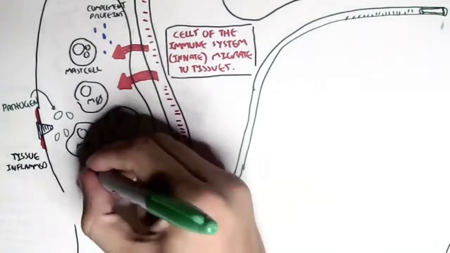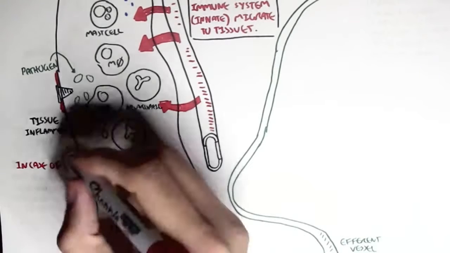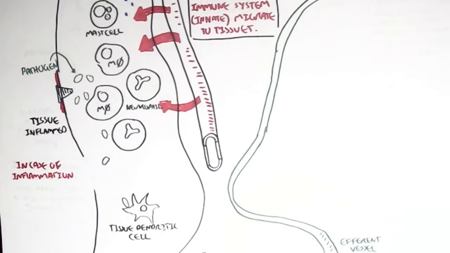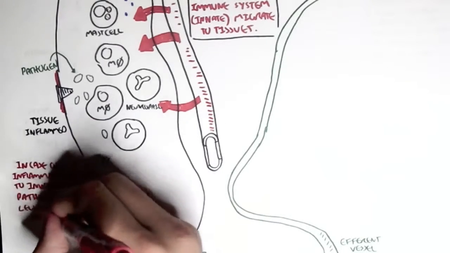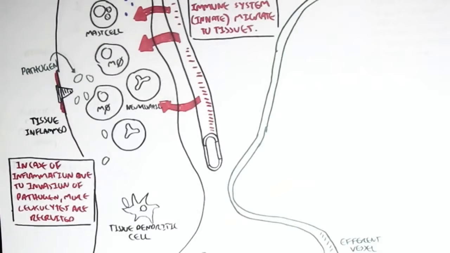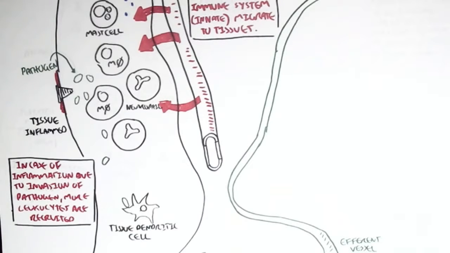So we have more leukocytes going into the infiltrated area, typically neutrophils, because neutrophils are very fast acting. So again, in case of inflammation due to the invasion of the pathogen, more leukocytes are recruited into the damaged or infiltrated area. What's important to know is that if a pathogen has infiltrated the body, it can cause an infection, of course, and obviously an inflammation.